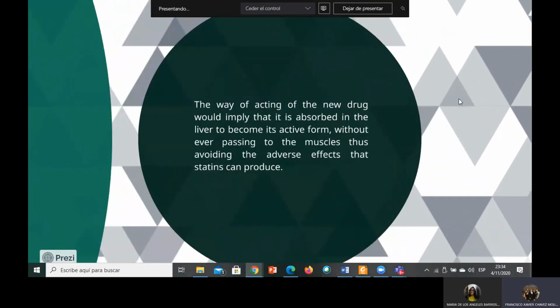The way of acting of the new drug would imply that it is absorbed in the liver to become its active form, without ever passing to the muscle, thus avoiding the adverse effects that the statins can produce.